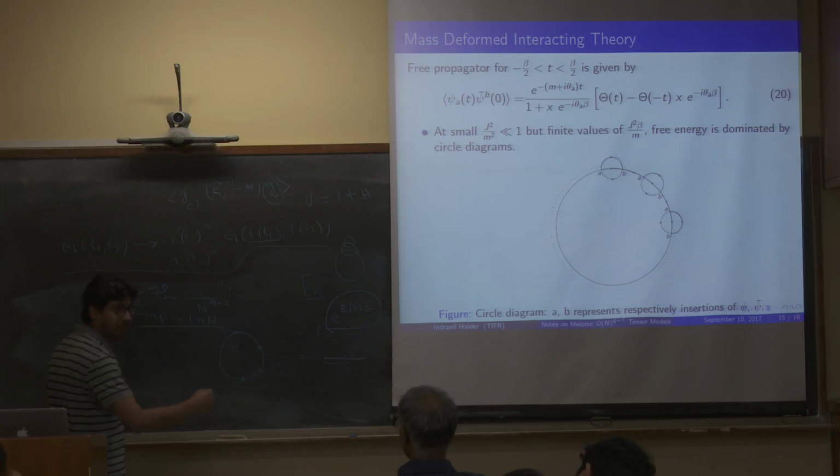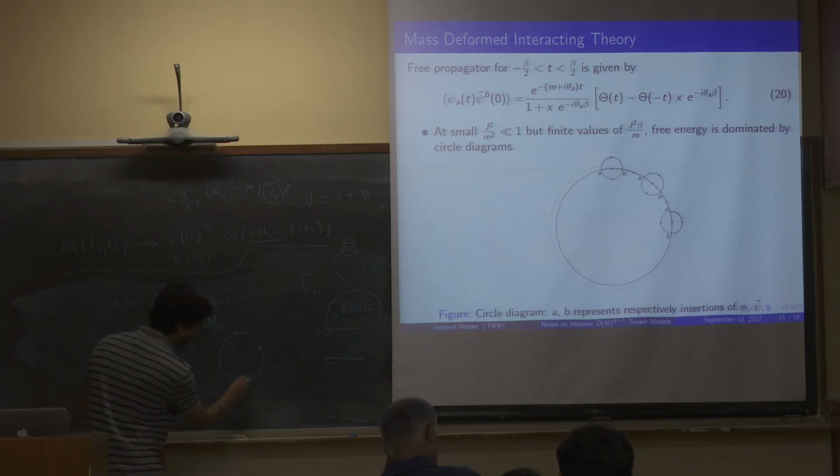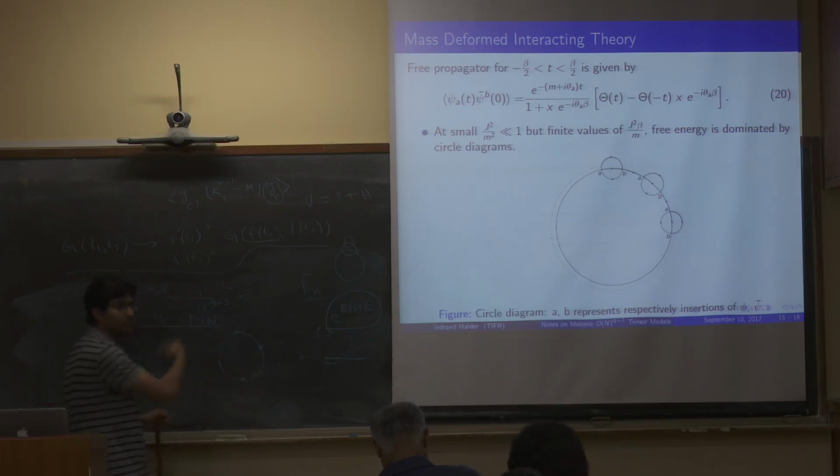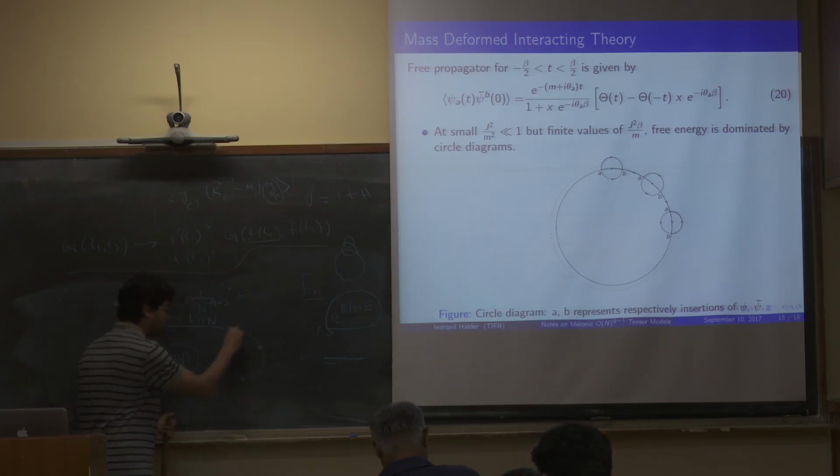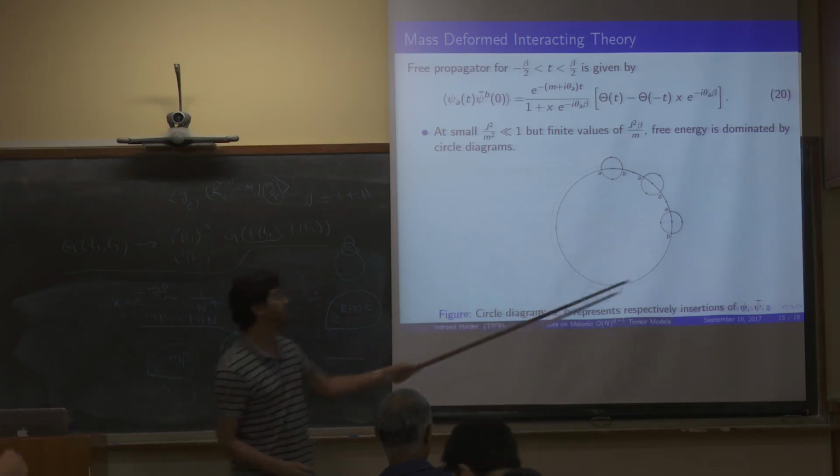All the times add up and give one factor of winding, which is e to the minus m beta, since all t sum up to beta, which is a power of x. But then you have the position of the blobs free. You can go that much with this propagator, or you can go this much with the propagator. As long as you are completing the whole circle, you have these free. So the integration over the position of these variables will give you beta to the n, where there are n melons on this circle.